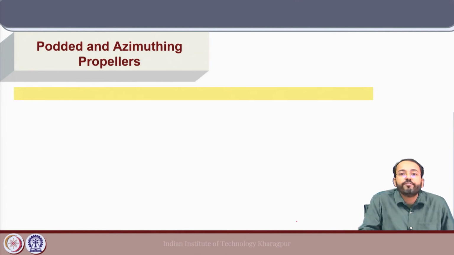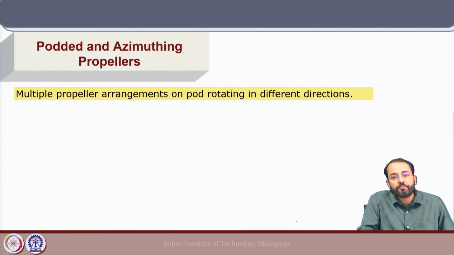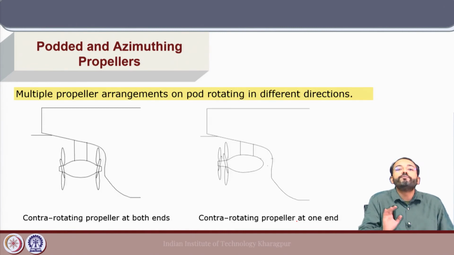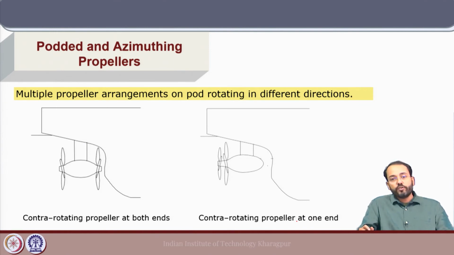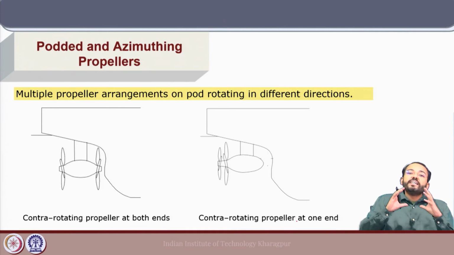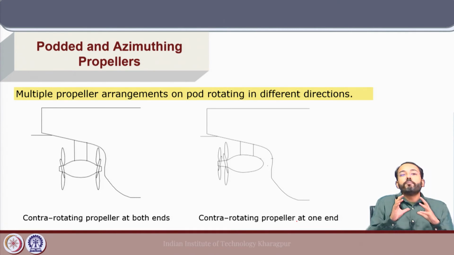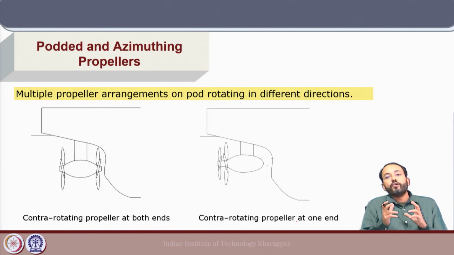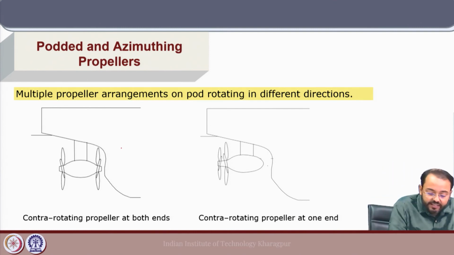Additionally, we can have multiple propeller arrangements on a pod. In this slide, two different designs are shown for contra-rotating propellers on a pod. Here, contra-rotating means the two propellers are rotating in two different directions, and hence the pitch of the propeller blades should also be in different directions so that they provide thrust in the forward direction.